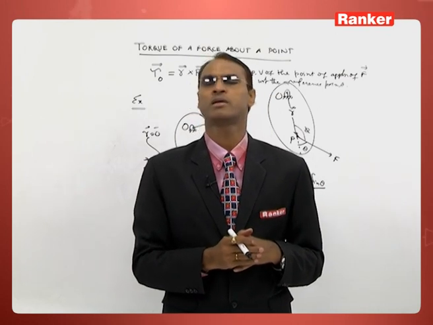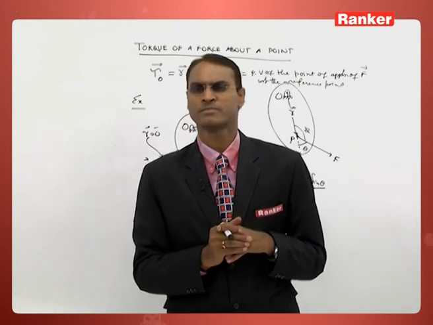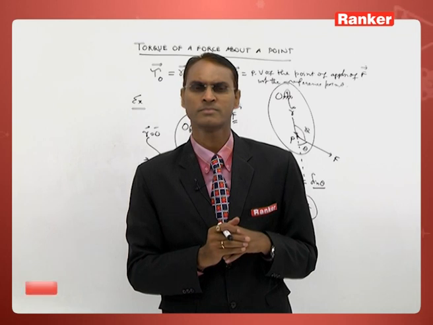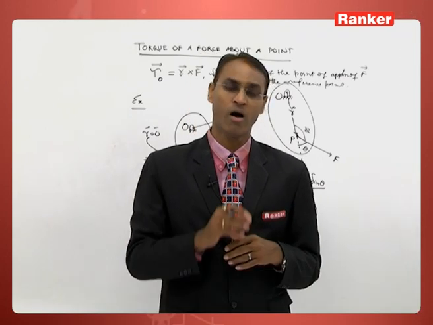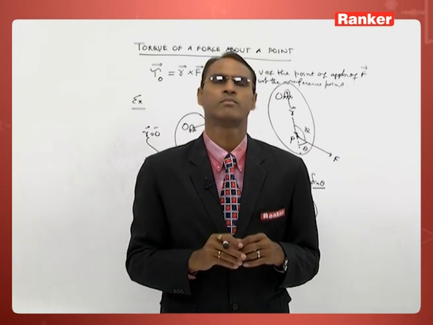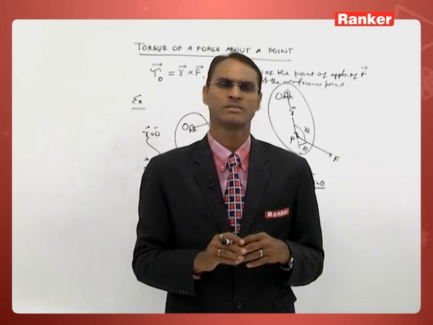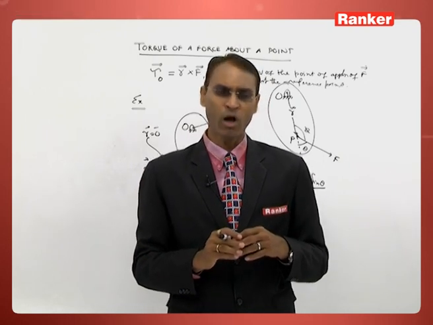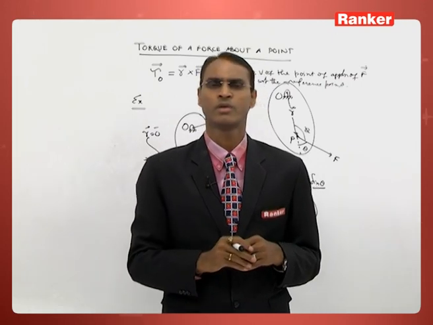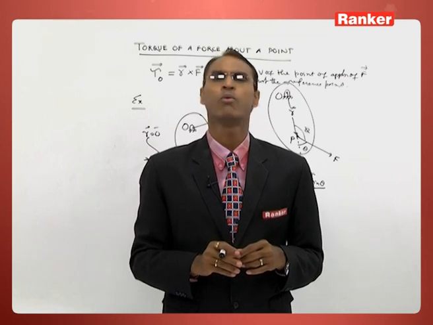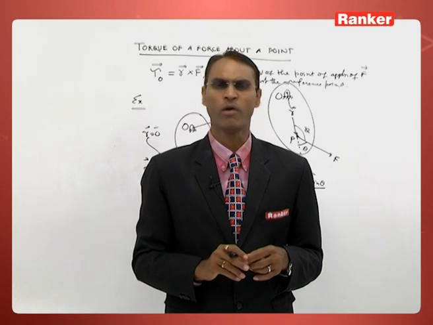The twisting effect or the rotational effect or the turning effect of a body is not simply the force. All these three parameters, along with the magnitude of the force, the direction of the force, and the point of application of the force will take care of the turning effect of the body.